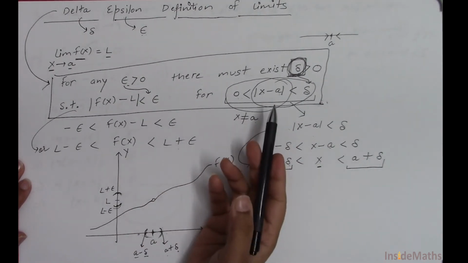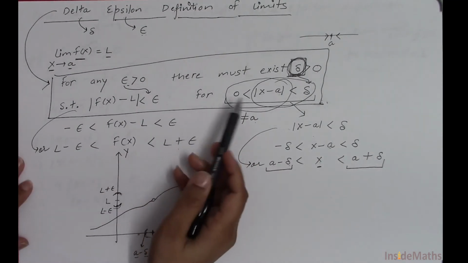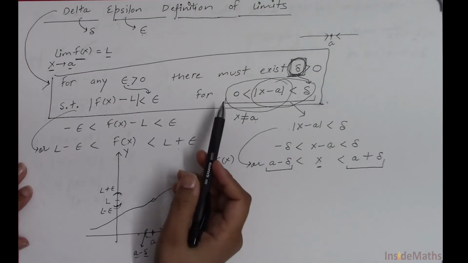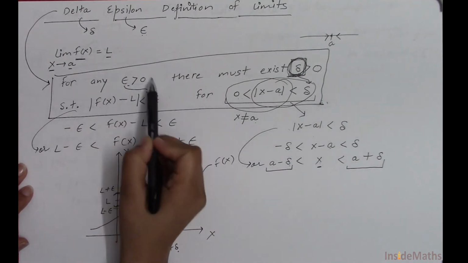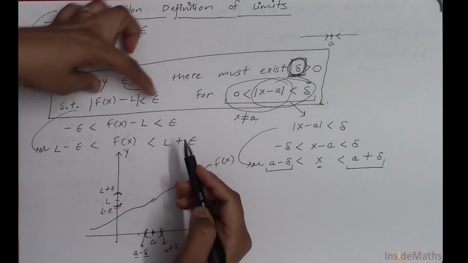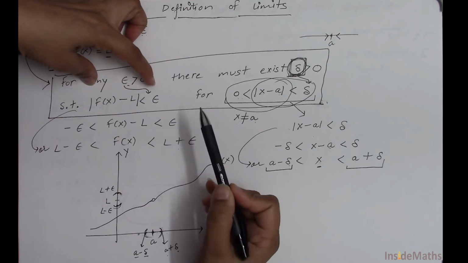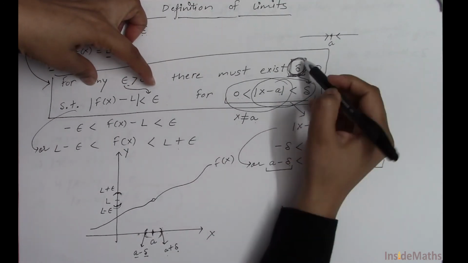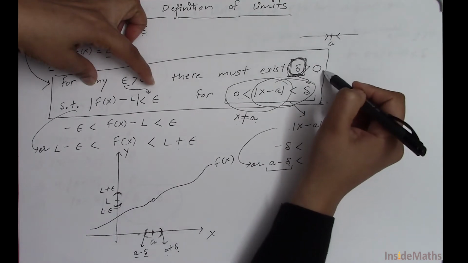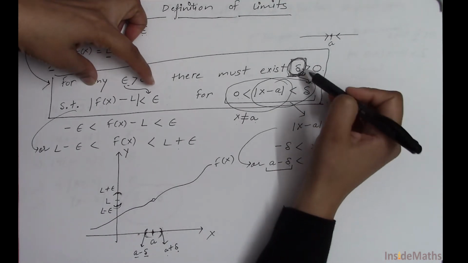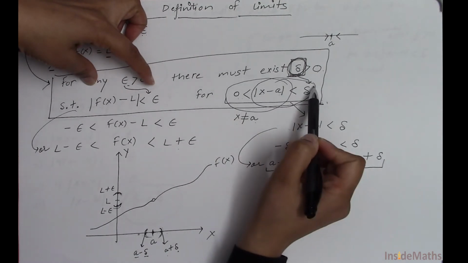I'll do an example using delta epsilon definition. To use this definition in a question, what we're going to do is take any epsilon for which this inequality will hold. Then we must be able to find the point delta which is greater than 0, and for this delta this inequality must hold.